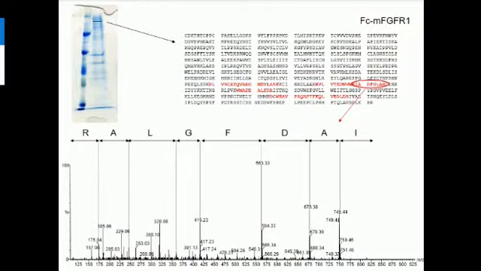Now this is the sequence of the protein that was ultimately identified, and the areas shown in red are the peptides that were seen in that analysis. So you can see there's a whole swathe of that protein that wasn't observed in the mass spectrum. But that's okay. We've got sufficient information from these few peptides that were fragmented, that we got sequence information for, to be able to identify it.